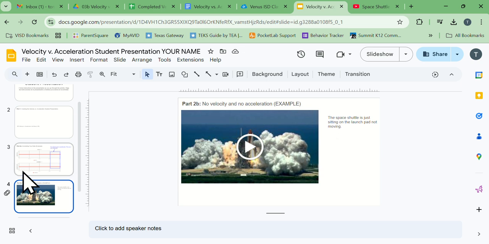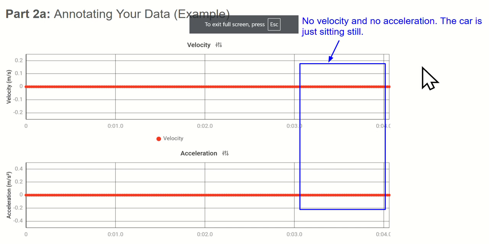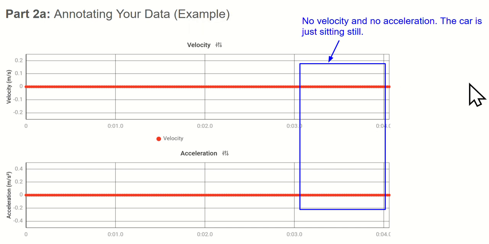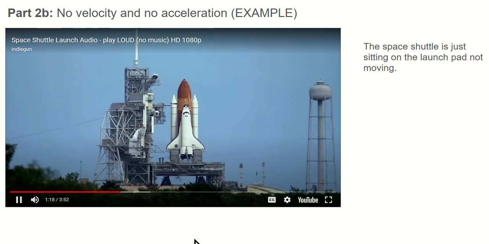Now, if you watch this in sort of slideshow mode, here's what this looks like. All right, no velocity, no acceleration. You go to the next one. It's set to start when I click. It starts.